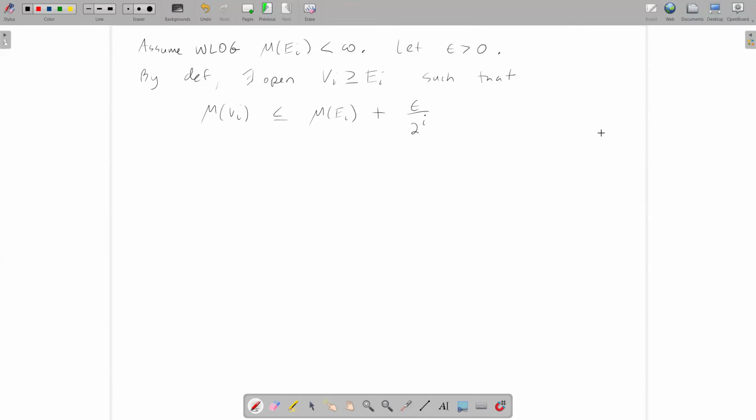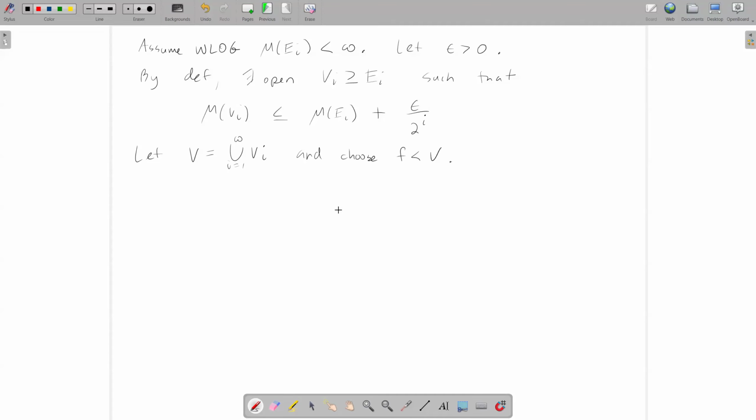Now let V equal the union of the V_i's. I keep writing the letter U, but I mean to write it like a union. Those open sets we just chose, and choose F less than V.